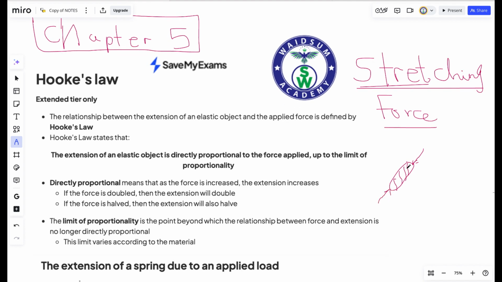The object will compress. So if you take a spring and you press it against itself from both sides, the spring will compress. So these will be compressional forces. The force acting here will be called compressional force.